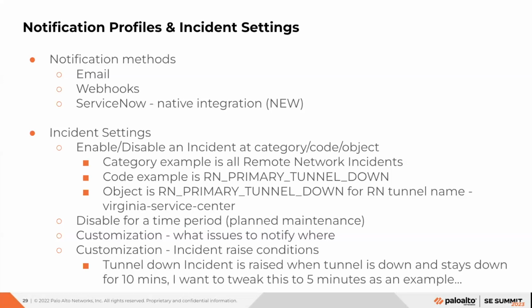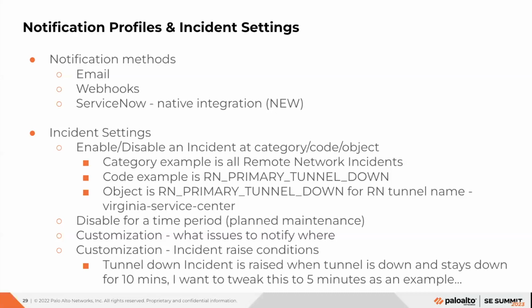So as I mentioned earlier, there are three ways you can see the notifications: email, webhook, and ServiceNow integration. You can always enable or disable in the incident settings tab I talked about earlier.